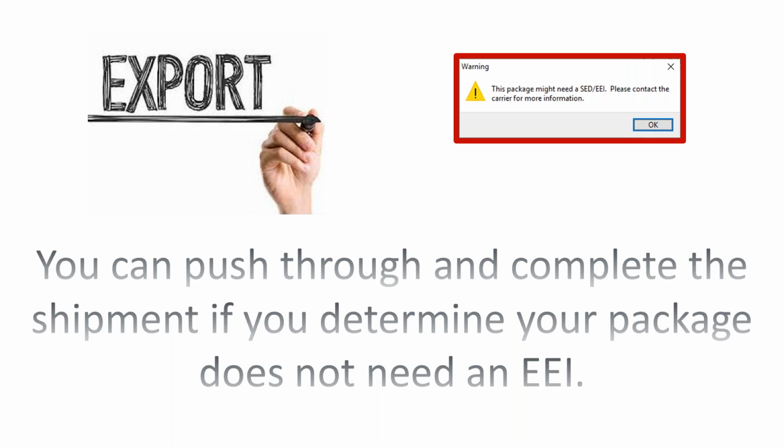Riley? Yeah, so for $15, DHL will file the EEI for the shipper. The information that you'll need to have is an EIN number for the shipper. That can be obtained in a couple minutes on the census.gov website.